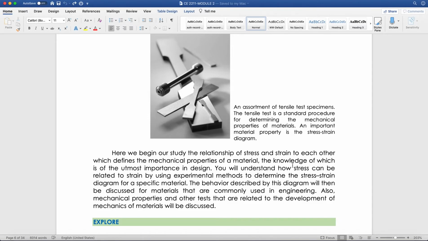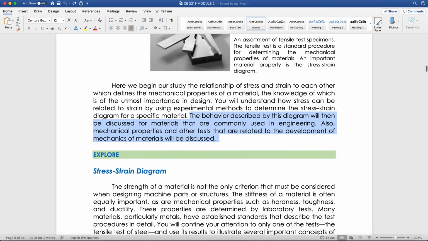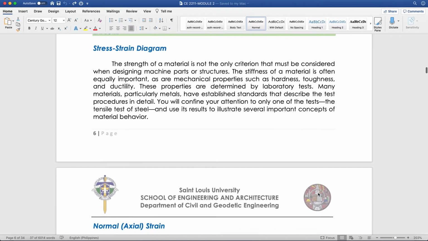You will understand how stress can be related to strain by using experimental methods to determine the stress-strain diagram for a specific material. The behavior described by this diagram will then be discussed for materials that are commonly used in engineering. Also, the mechanical properties and other tests related to the development of mechanics of materials will be discussed.